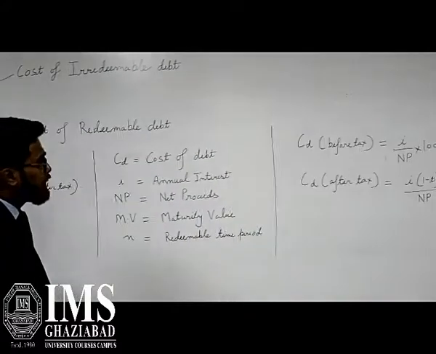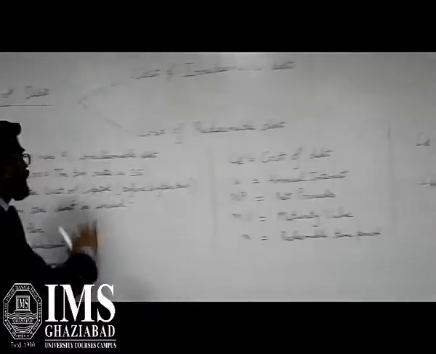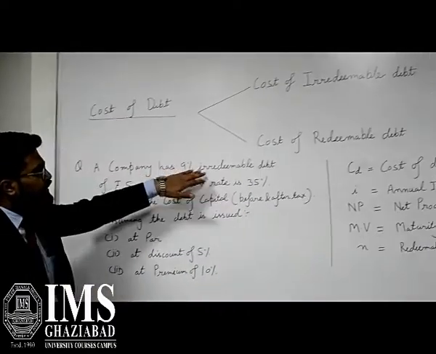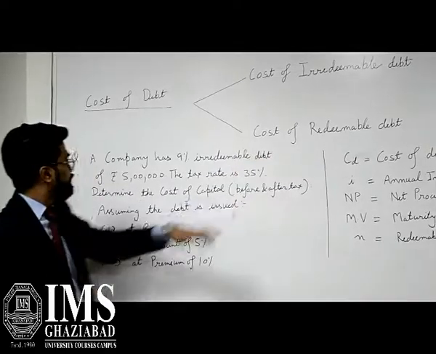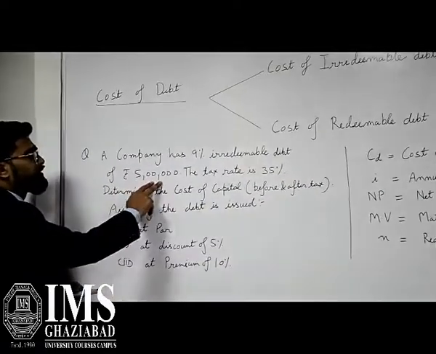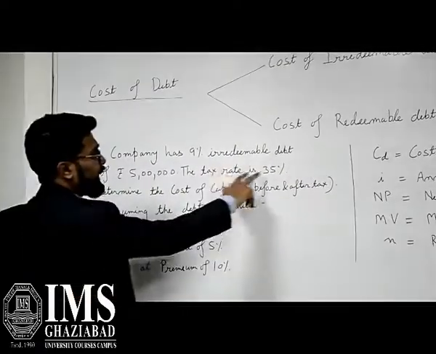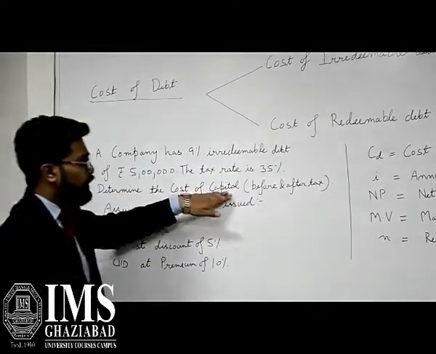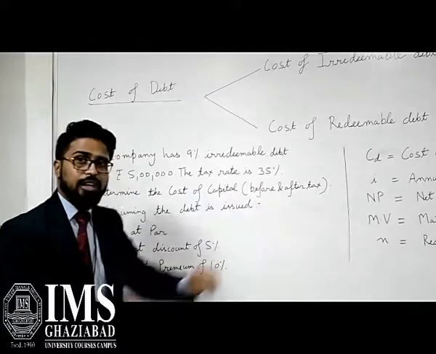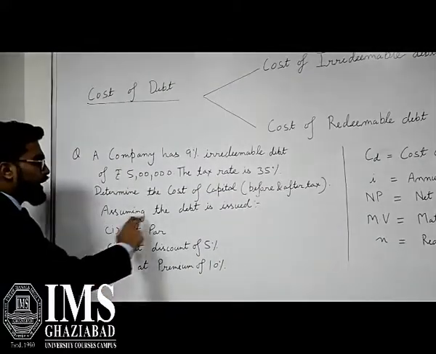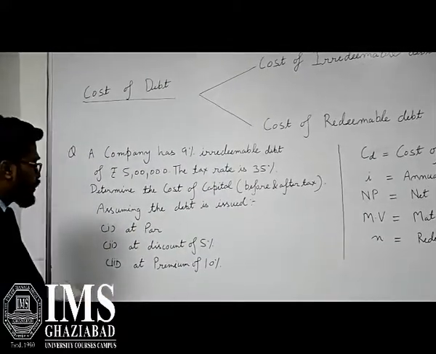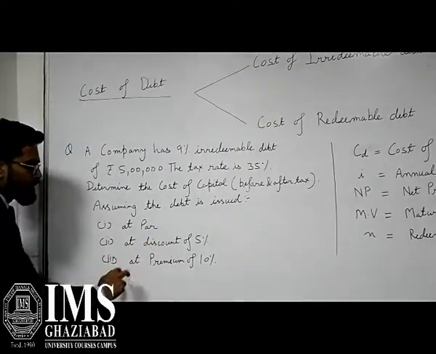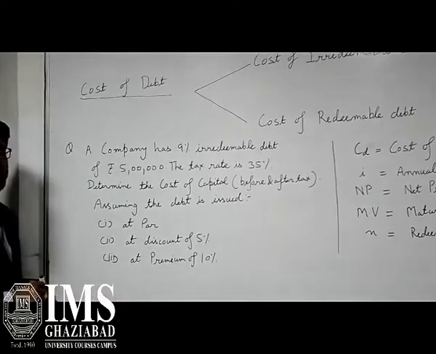So for this we have a question. A company has 9% irredeemable debt of rupees 5 lakh. The tax rate is 35%. Determine the cost of capital before and after tax, assuming the debt is issued at par, at a discount of 5%, and at a premium of 10%.